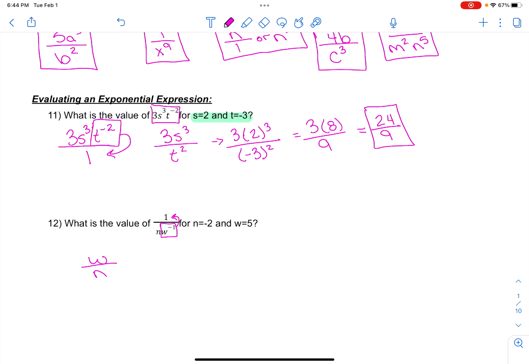Again, remember, you can put that one exponent, but you do not have to. And then I'm going to plug in the information that they gave us, where n is negative 2 and w is 5. And then that just happens to give us our answer because there's nothing else for us to do there. So we just have negative 5 over 2 or 5 over negative 2. Same idea.